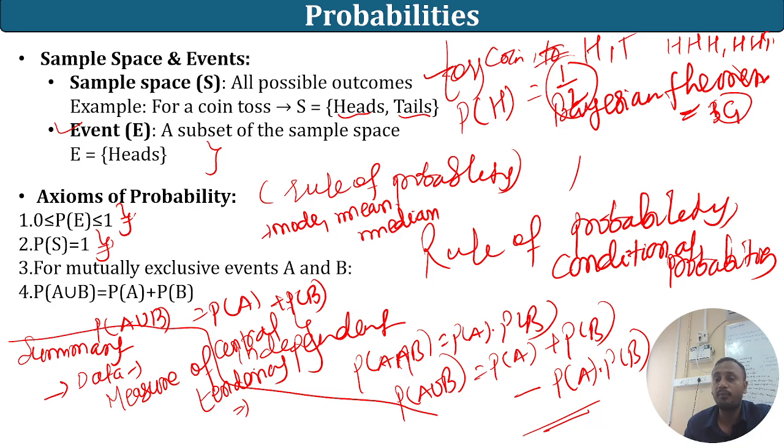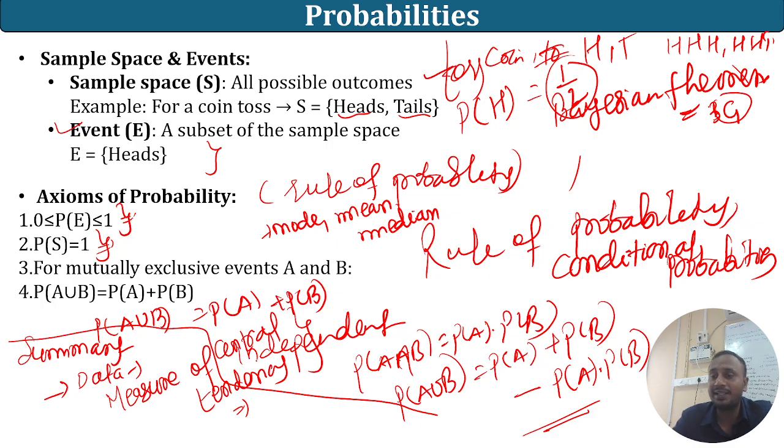Then we have seen what an event is, what the sample space is, and the fundamental rules: probability can't go beyond one or below zero, it can't be negative. Then for mutually exclusive events, P of A union B is going to be PA plus PB. Mutually exclusive means the events cannot occur together, so the probability is the summation of the individual probabilities.